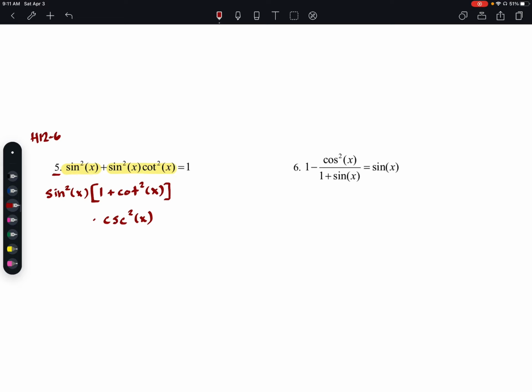And then if I'm going to do my sine of x squared times my cosecant of x squared, we know that those are reciprocals. And you could think about it like this. Right, and then you could combine them into one single fraction, which we know is 1.